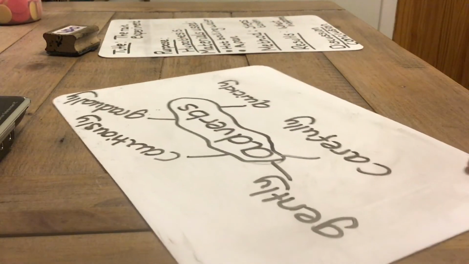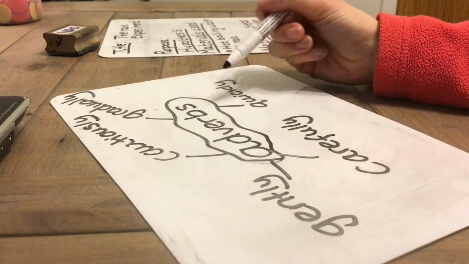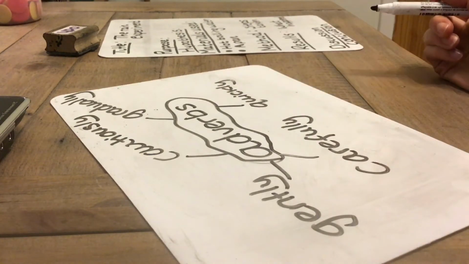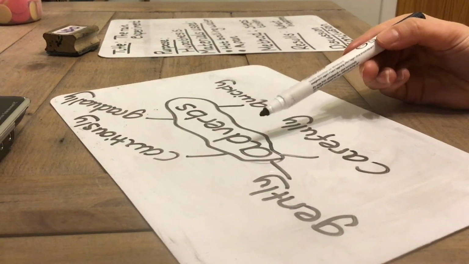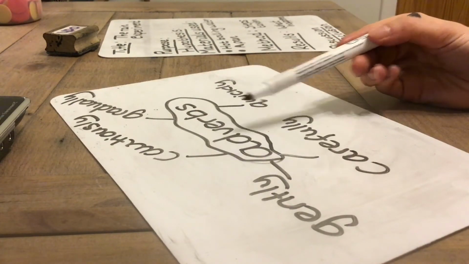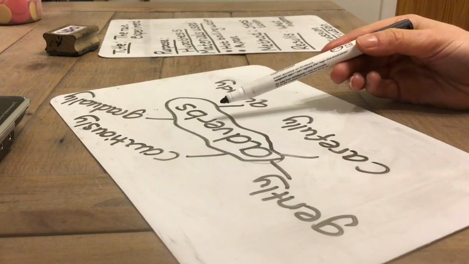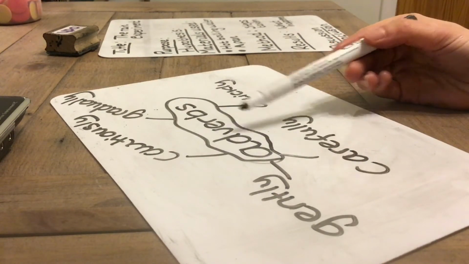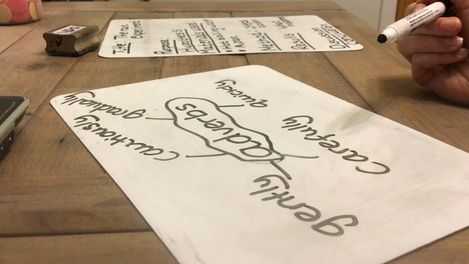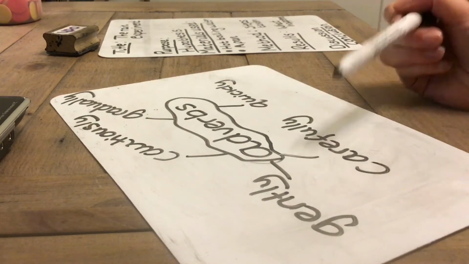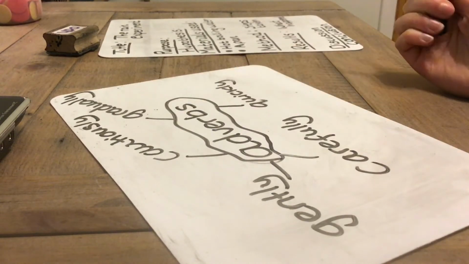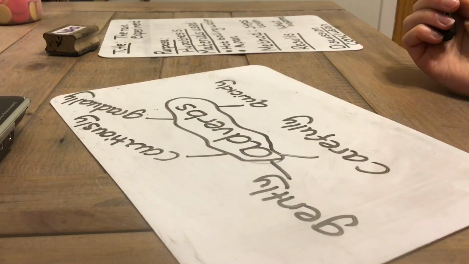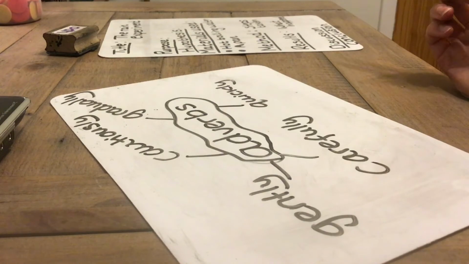So these are some that I came up with. Let's just remind ourselves, an adverb is a word that describes how you do something, and that's why we call it an adverb. It's like an adjective and a verb. Remember, an adjective is a describing word, a verb is a doing word. So we're describing how to do something. So I had gently, carefully, quickly, gradually, cautiously. And I wonder what you came up with. You might have had some similar to mine.